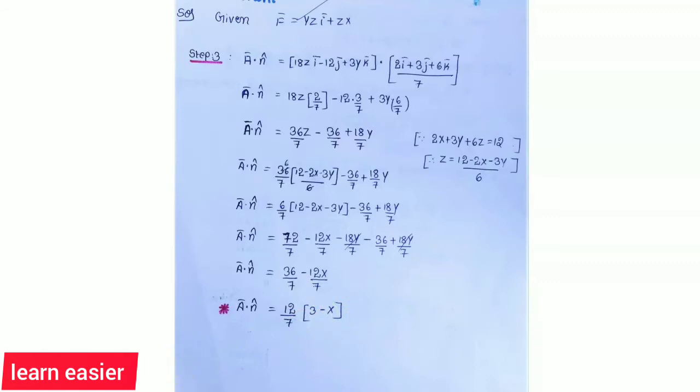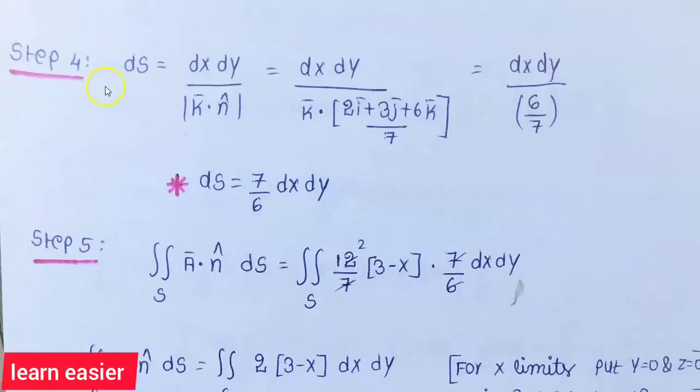Let's find out the next step. Step 4 is we have to find out the ds, which is dx into dy by mod of k bar dot n cap. So as we have taken the projection of the surface on the xy plane, we consider ds as dx into dy by mod of k bar dot n cap.